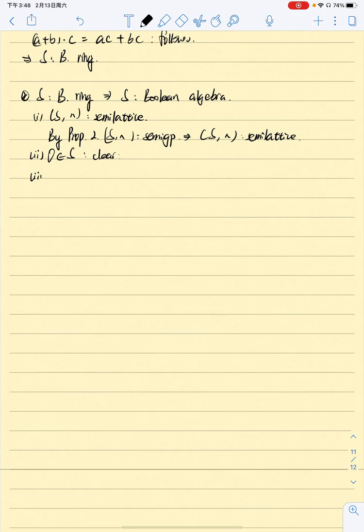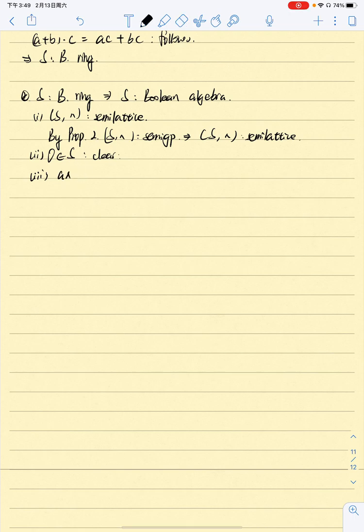And the third one, we should prove A and B prime is 0 if and only if A and B is A. Okay, to show this, let's see.